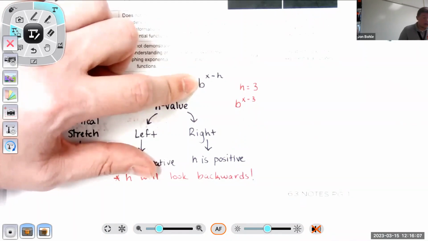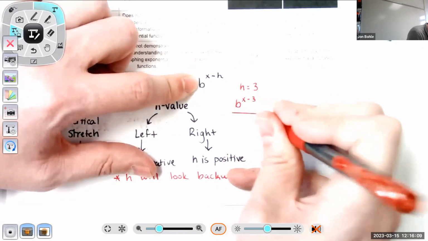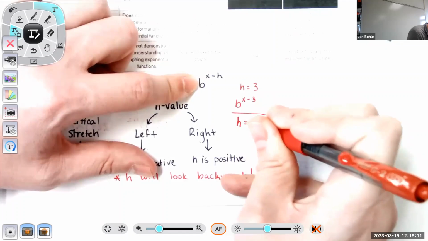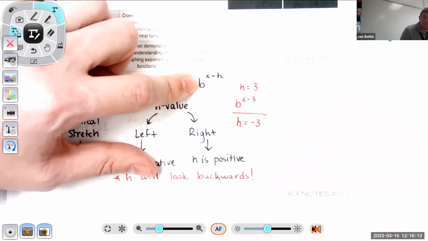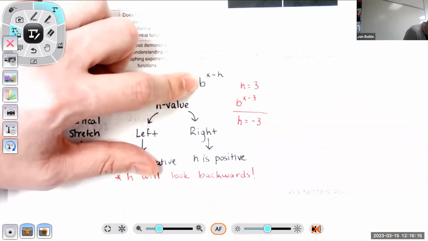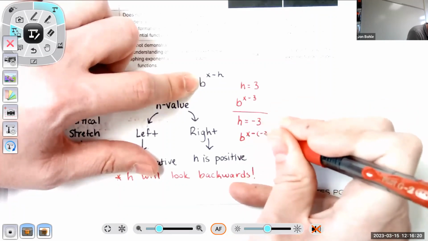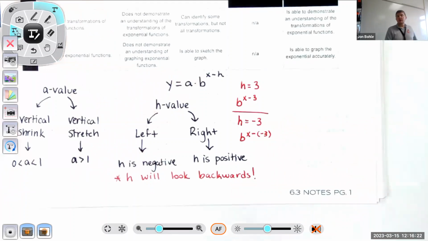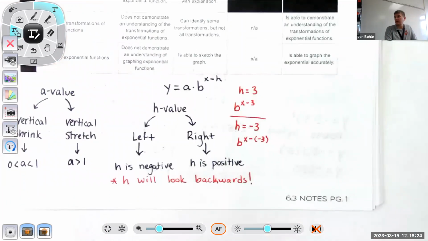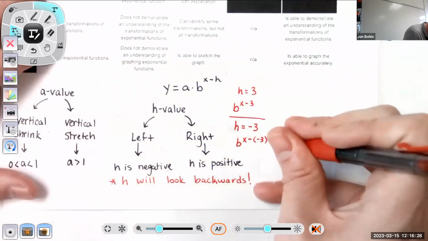So it's backwards. Similarly, if I have an H value equal to negative 3, I'm going to plug that in, and now I have b to the x minus negative 3 power. Well, what do we know about minus negative 3? What is that the same as? Plus 3, positive.